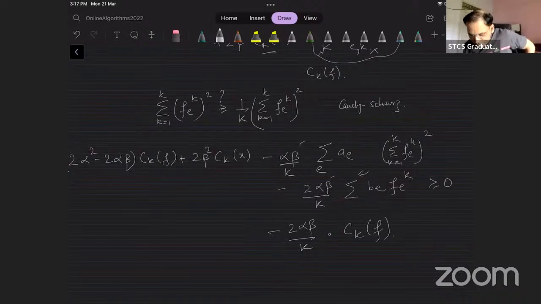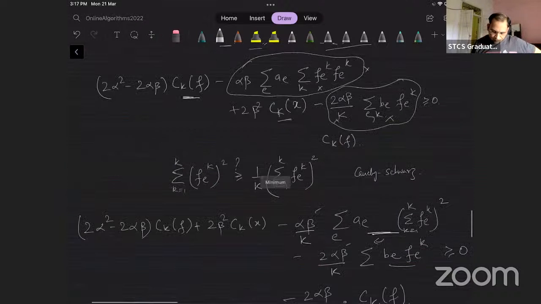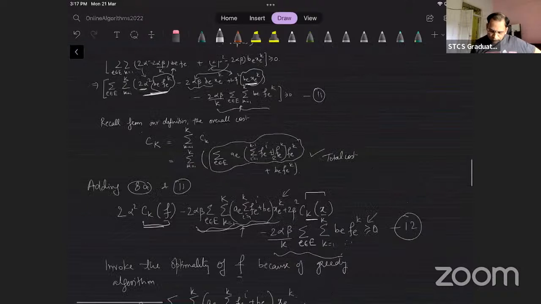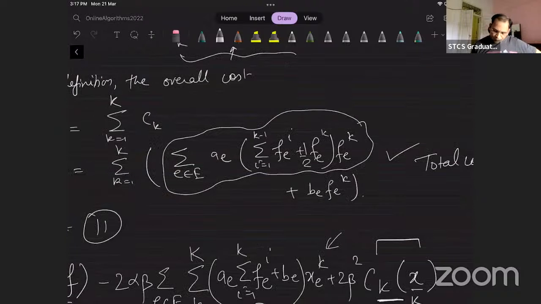How is it? So the cross term is fine. Why is this first term the right thing? What was our CK of F? Go up. This was our CK of F, right? So why is that the correct thing?